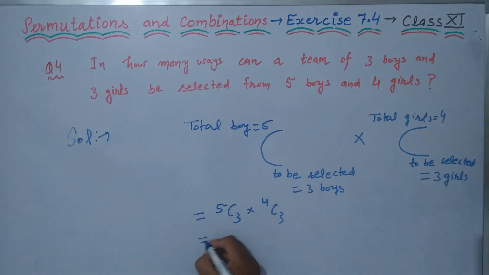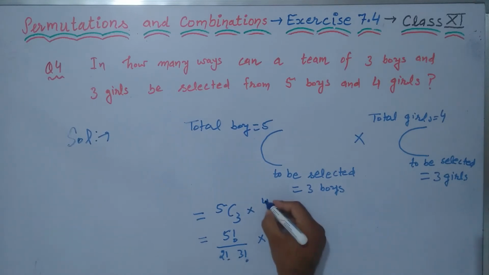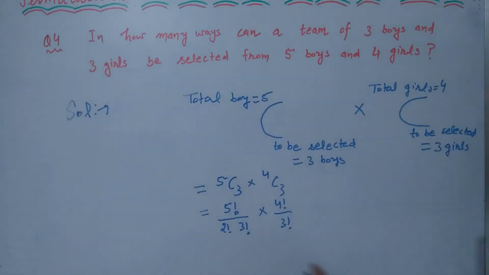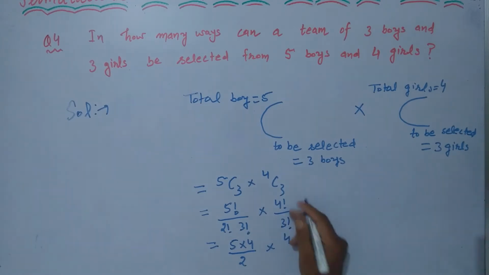Now solving this, we have 5 factorial divide 5 minus 3, 2 factorial into 3 factorial into 4C3 means 4 factorial divide 4 minus 3, 1 factorial, that means 1 into 3 factorial, which is equal to 5 into 4, 3 factorial cancelled upon 2 into 4 into 3 factorial cancelled.